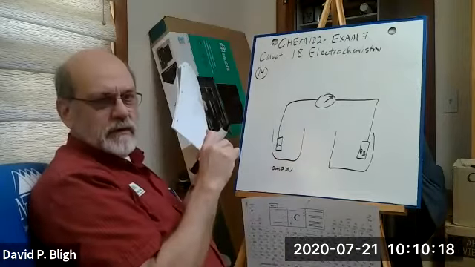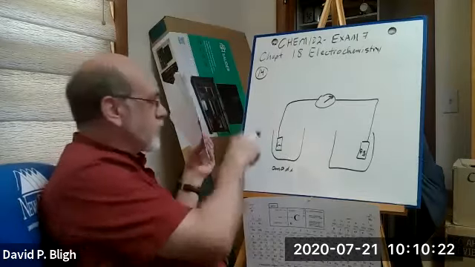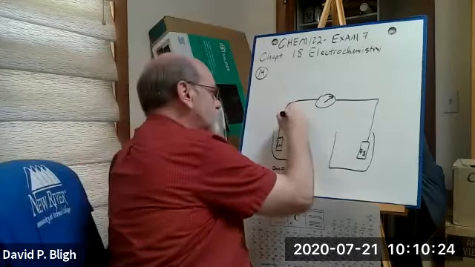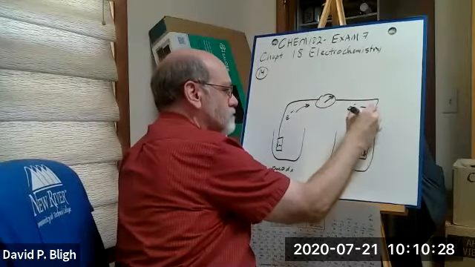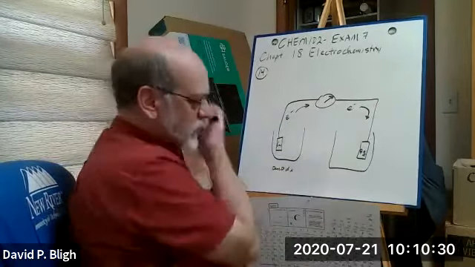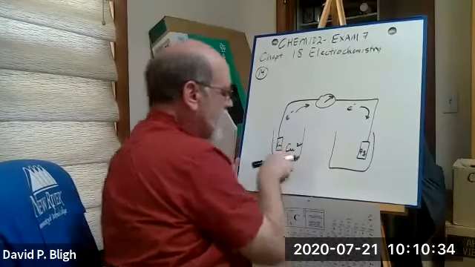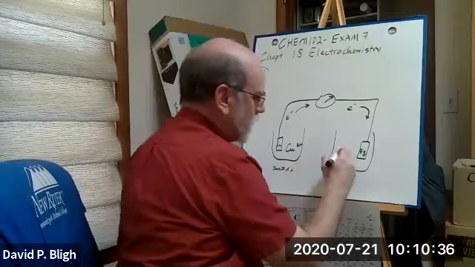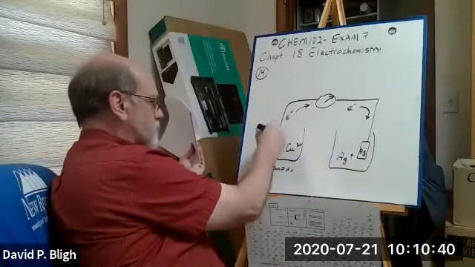oxidation means we're producing electrons as products, which means they're going into the wire over to the silver. And we've got copper 2+ ions in solution, and here we have silver 1+ ions in solution.